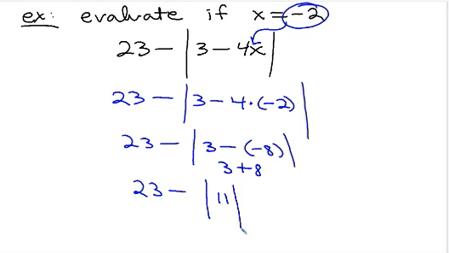What's the absolute value of 11? 11. So this is 23 minus 11, which is 12. Okay? The first couple problems of homework are like this. And I think even maybe some of the later ones, anytime they tell you to evaluate, you just plug in the number.